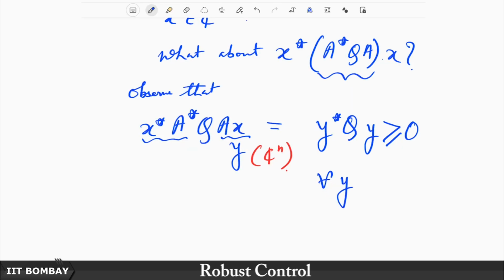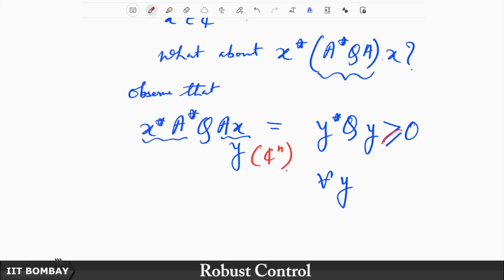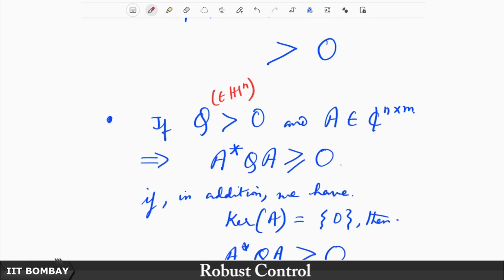Now, note that we are bringing in this relaxed criteria. We are not calling this a strict inequality. Why? Because it may so happen that for your choice of x, y can turn out to be 0. Unlike in the definition of positive definite matrices, where we said that for any non-zero vector, notice very carefully, x Hermitian Q x must be positive.